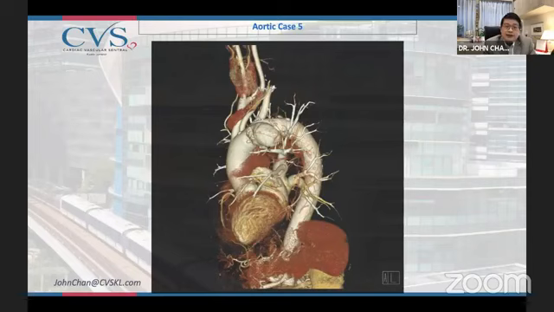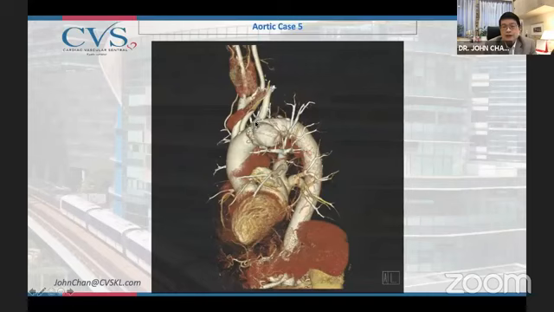So this is another example of an aneurysm. You can see this is the aortic arch, descending aorta. You can see right at the aortic arch, there is this ballooning of the aorta, what we call a saccular aneurysm. This sort of aneurysm is at high risk of rupture. So we have to replace this part of the aorta.